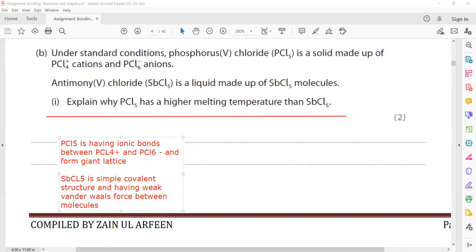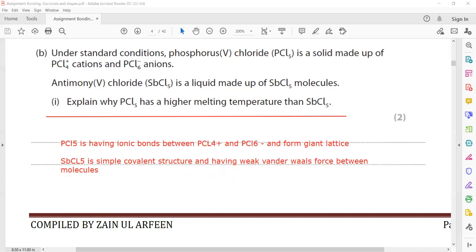Is it clear? This is the discussion of why PCl5 is solid at room temperature, whereas SbCl5 is liquid.